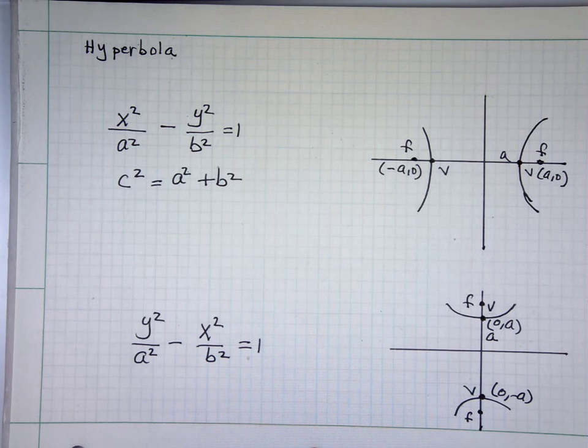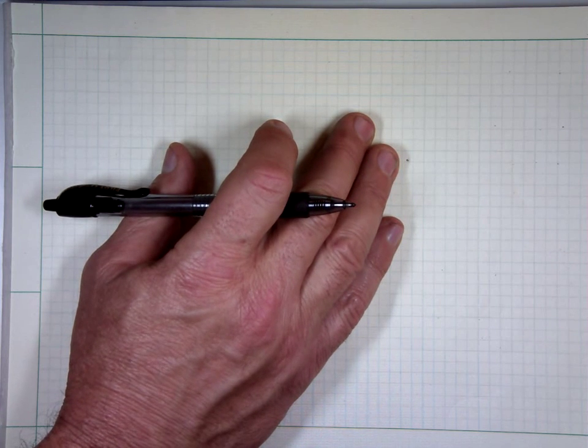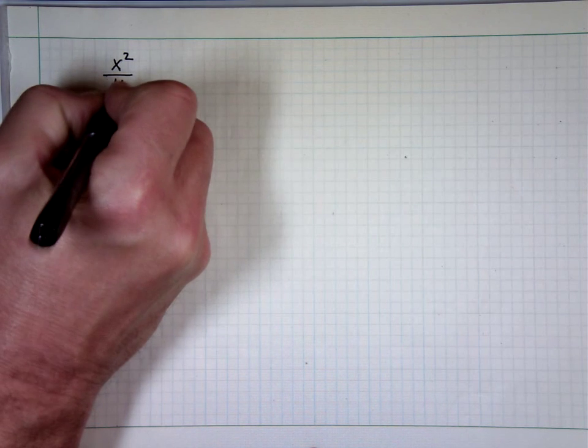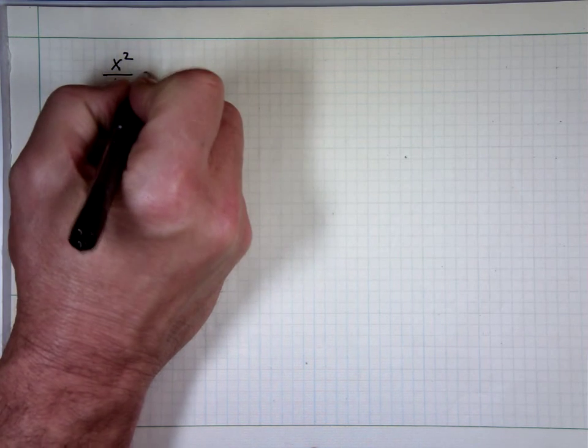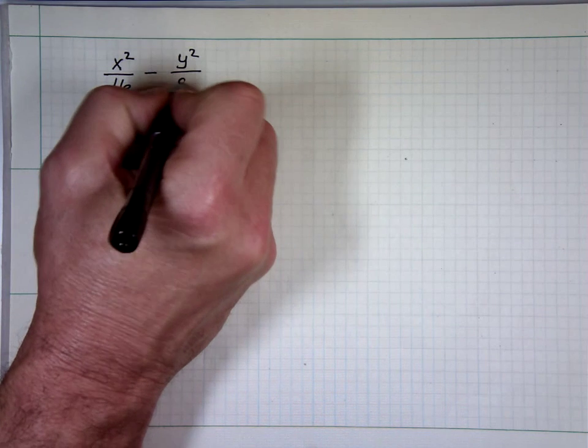So this is done here. Let's say I want to graph this one: x squared over 16 minus y squared over 9 equals 1.